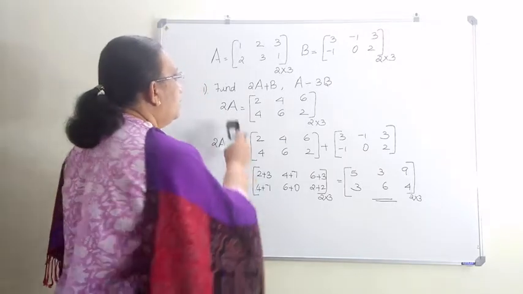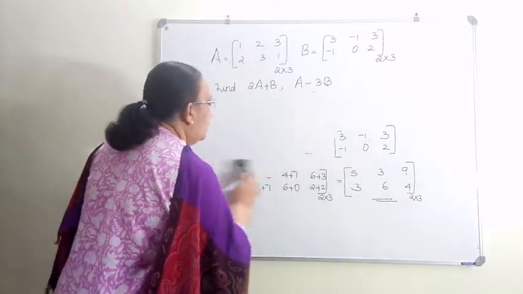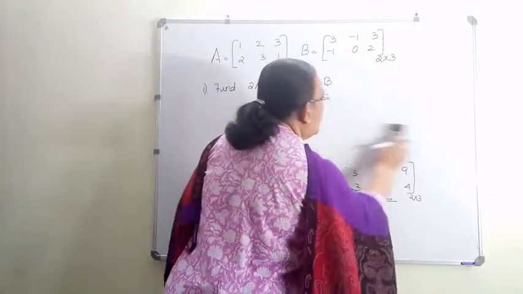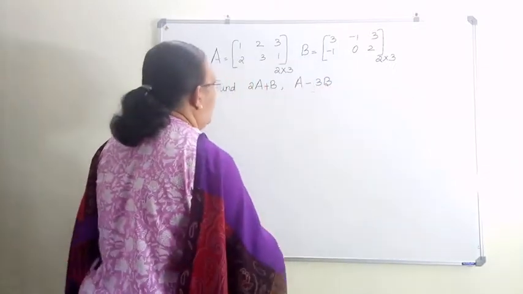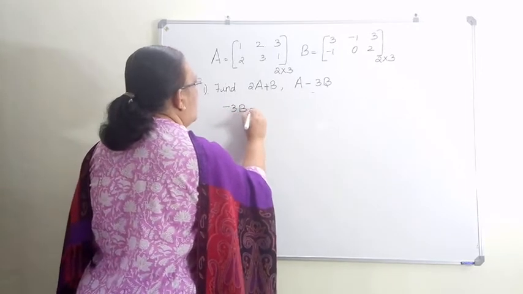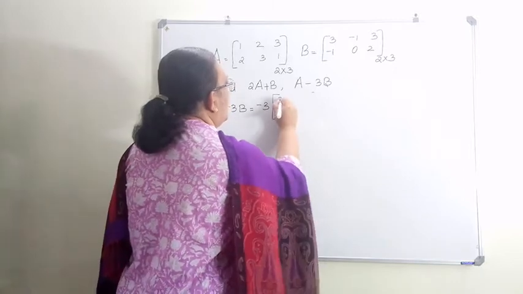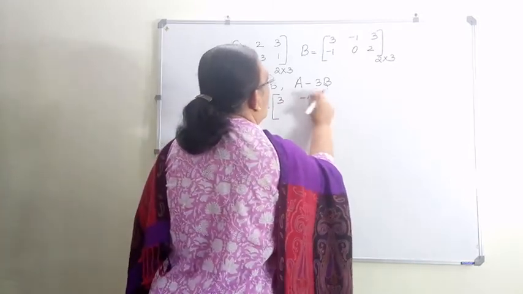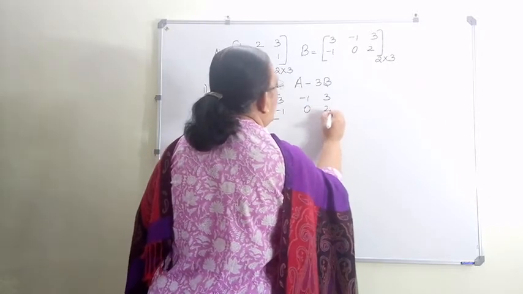A minus 3B. First of all, we will find minus 3B. The scalar is negative 3. Minus 3B is equal to minus 3 into matrix 3, minus 1, 3, minus 1, 0, 2.